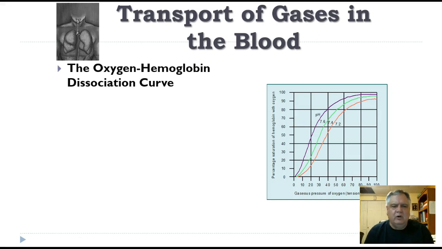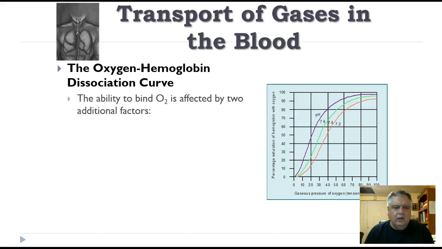Now, here's an important concept for us to take a look at. It's called the oxygen hemoglobin dissociation curve. The oxygen hemoglobin dissociation curve shows the relationship between the oxygen that is on the hemoglobin and the level of oxygen that is in the tissues.